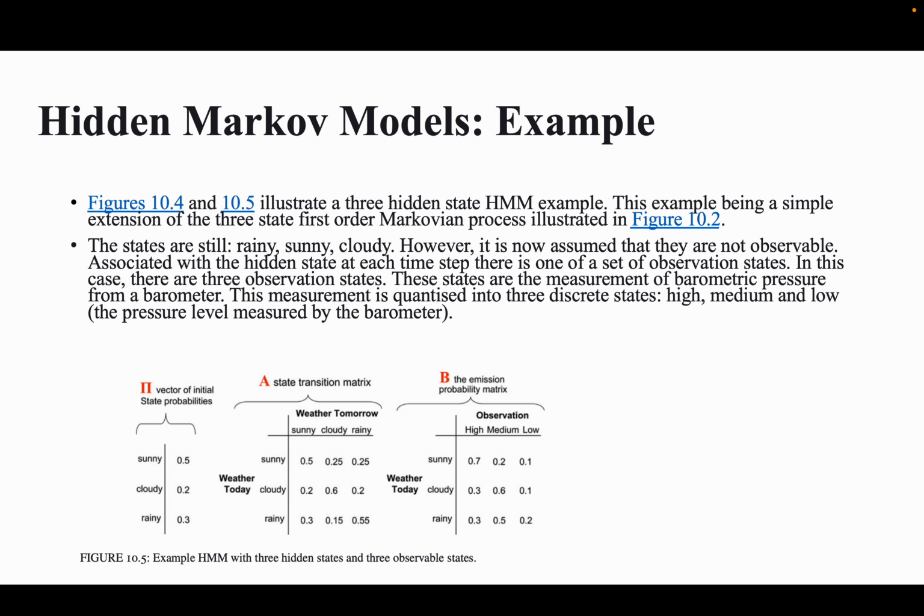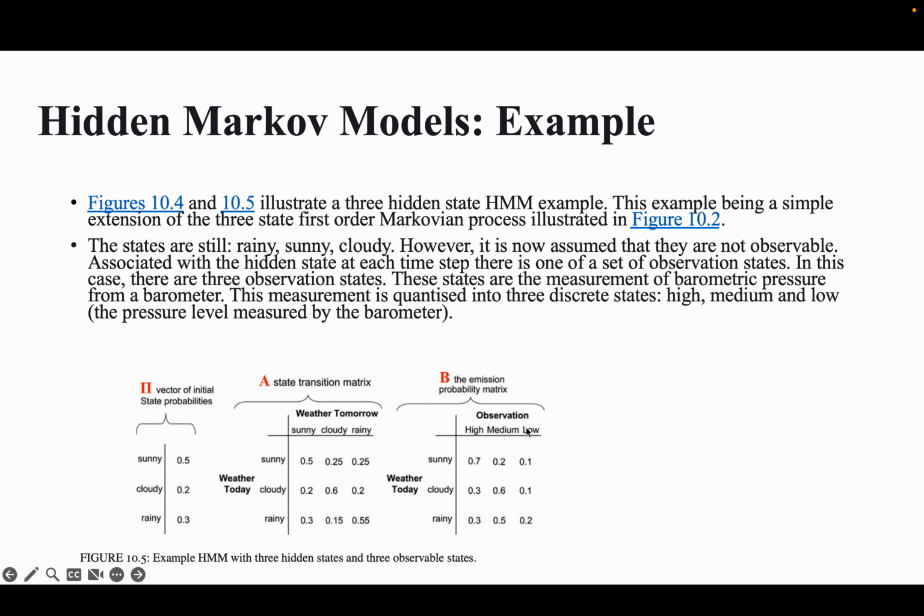For tomorrow, we need to look at this state transition matrix, which says if it's sunny today, there's a 0.5 or 50% chance it will be sunny tomorrow, a 25% chance it will be cloudy, and a 25% chance it will be rainy. And then finally, we look at the emission probability matrix.